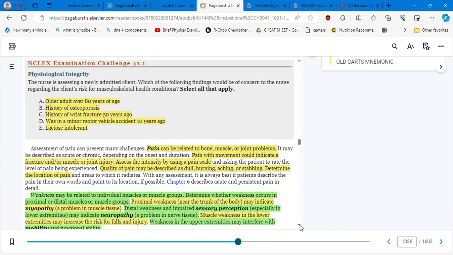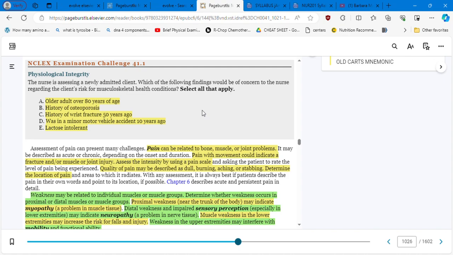NCLEX examination challenge. The nurse is assessing a newly admitted client. Which of the following findings would be a concern to the nurse regarding the client's risk for musculoskeletal health condition? Okay, first trick to answer questions in an exam and in NCLEX. First trick, start with the question.